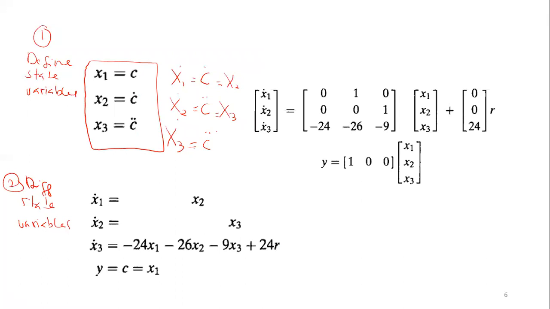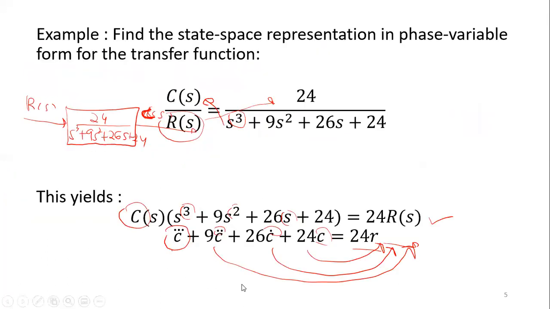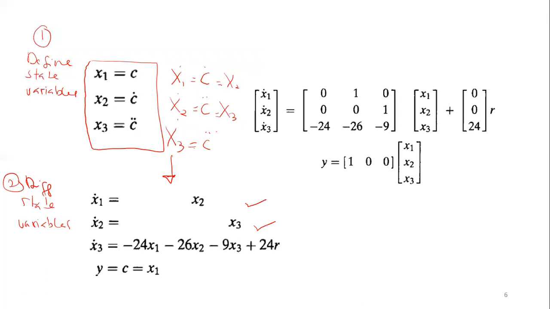So when we transform it into this one, it will be x1 dot equals to x2, x2 dot equals to x3, and x3 dot equals to minus 24x1 minus 24x2 minus 9x3 plus 24r, which is from the previous slide.